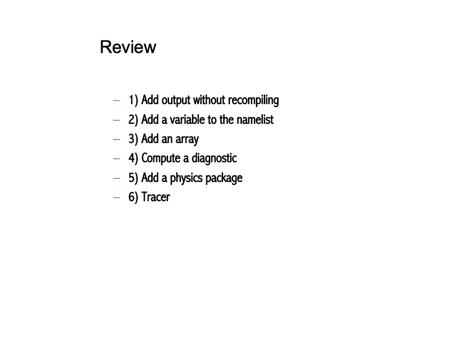And the easiest way to handle that for an array, the easiest way to handle namelist choices, is to find an example already in the source code very similar to what you want and make a copy of that line in the registry and then edit that line.